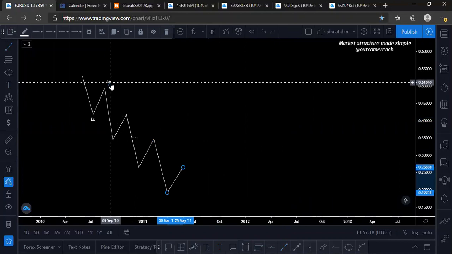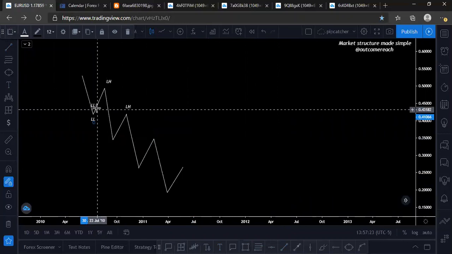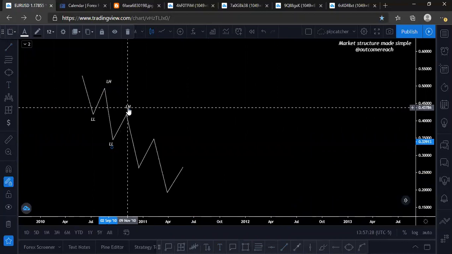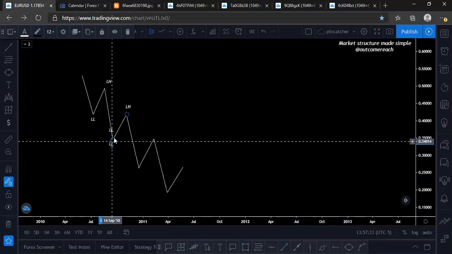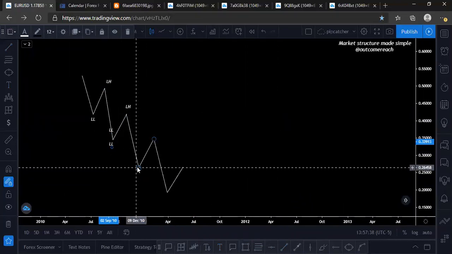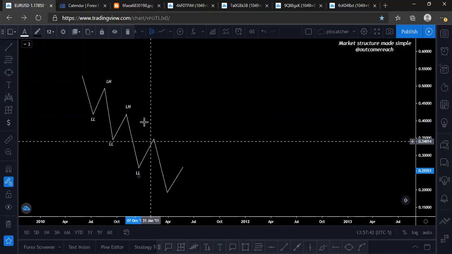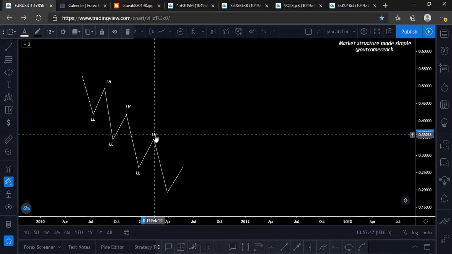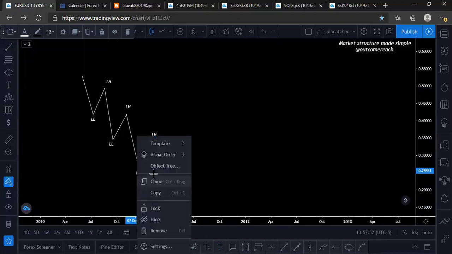Structure will get broken and create a lower low, and then structure will make a pullback, creating that lower high and breaking structure again, creating a lower low. The pullback will be the lower high, and then we get another lower low.